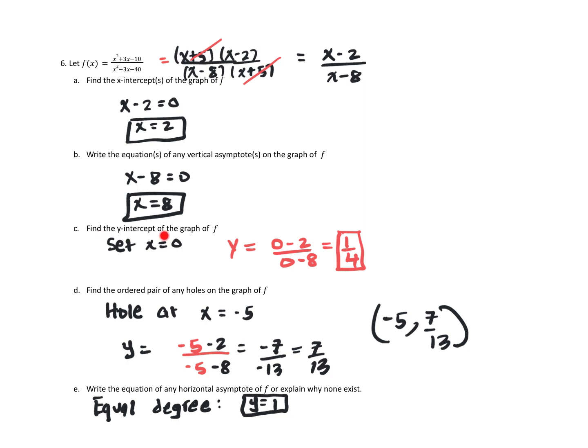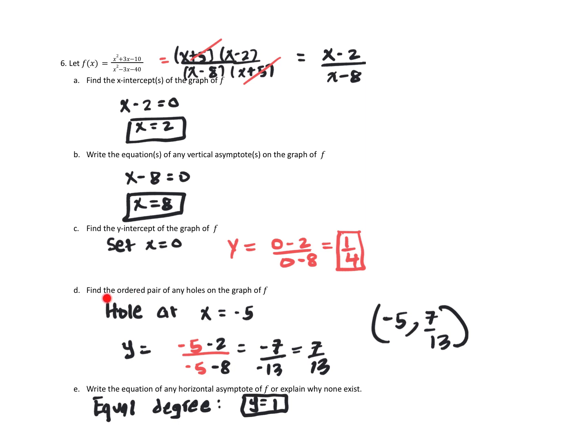Then, to find the y-intercept, what do I do? I need to look at the simplified equation, or I could even use the original here and plug in 0, set x to 0, and solve for y, and that's how I get 1 over 4. You could still use the original equation, you get the same thing.